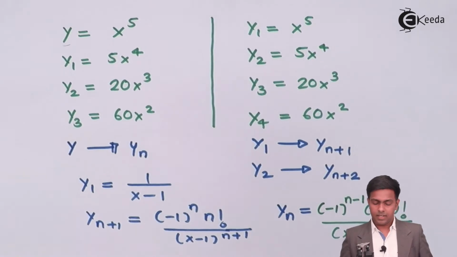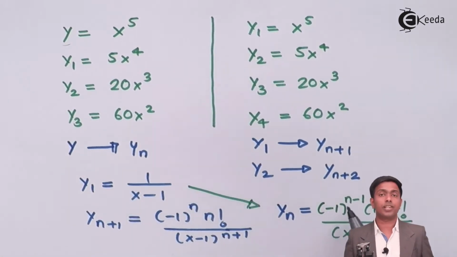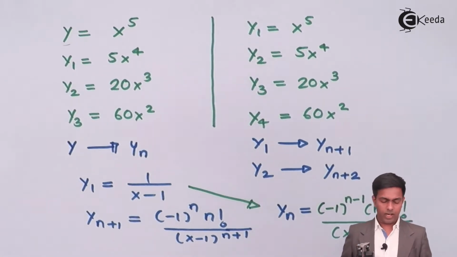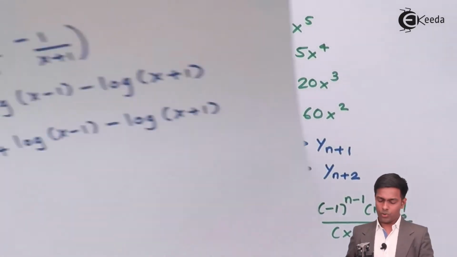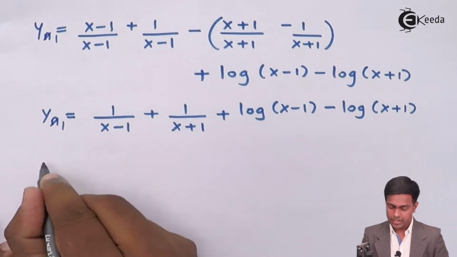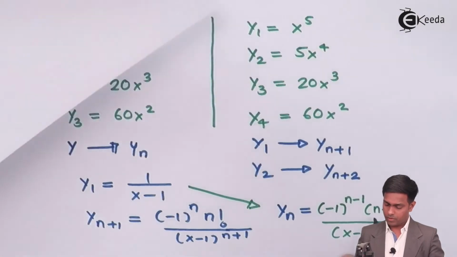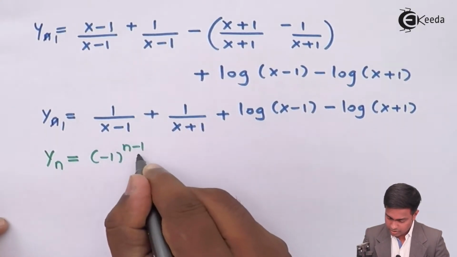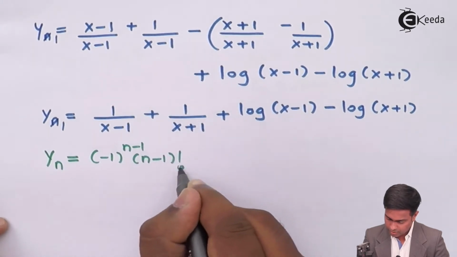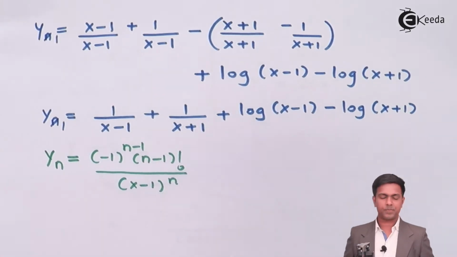So it means for y1, my yn will be minus 1 raised to n minus 1 into n minus 1 factorial upon x minus 1 raised to n. I'm going to use this value of yn over here. So the value of yn is equal to minus 1 raised to n minus 1 into n minus 1 factorial upon x minus 1 raised to n.